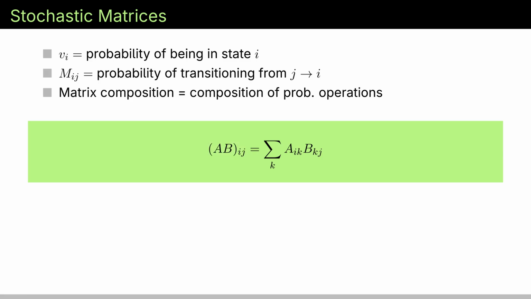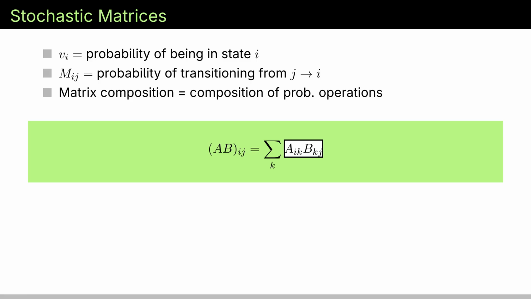For a given k, we take the probability that B takes us from j to k times the probability that A takes us from k to i. That's going to give us the probability of going from j to k to i.